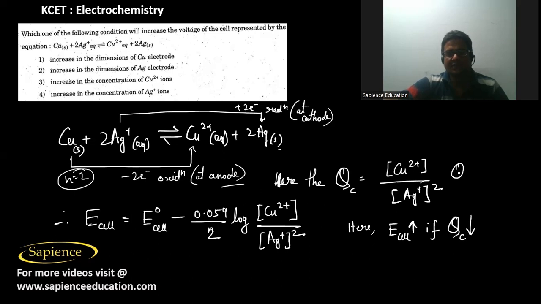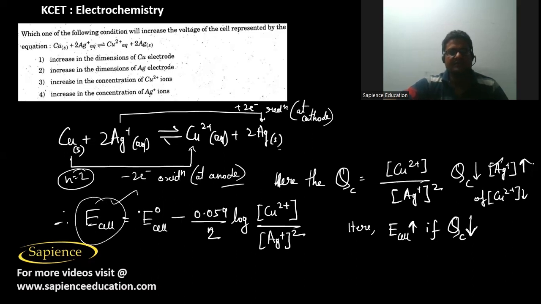For QC to decrease, the concentration of silver ion has to increase, or we should decrease the concentration of Cu2 plus. So if we increase the concentration of Ag plus, QC will decrease and the EMF of the cell will increase. So option 4 is the correct answer.